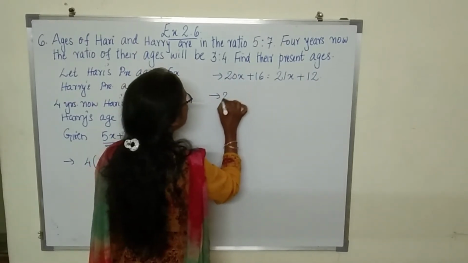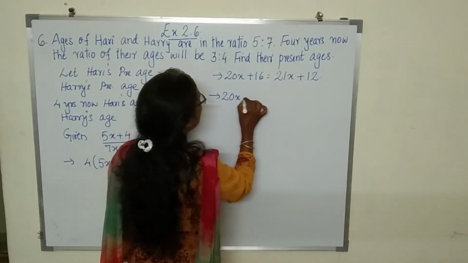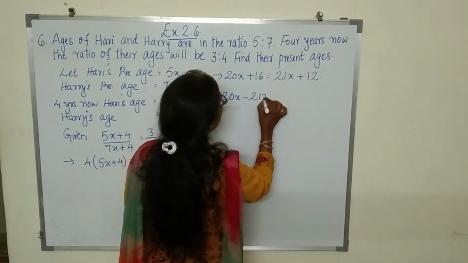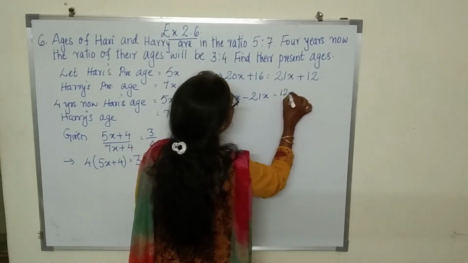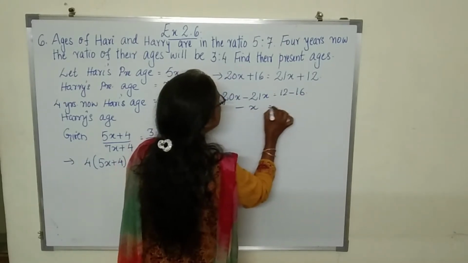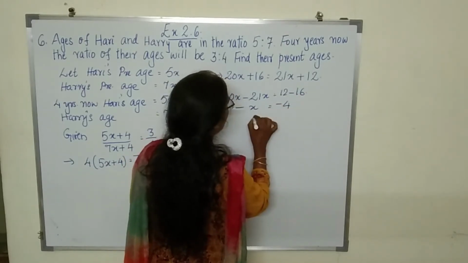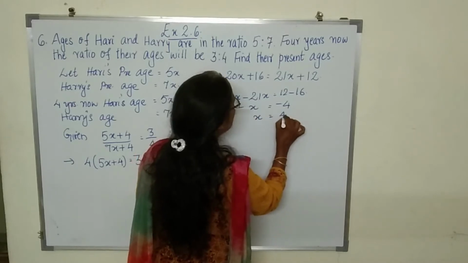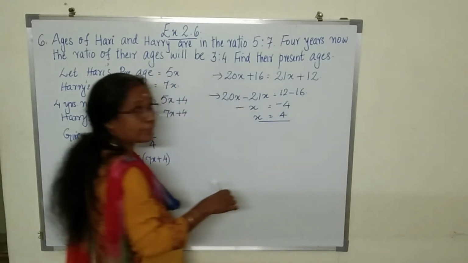Take all the variables on one side: 20x minus 21x is equal to 12 minus 16. That is, minus x is equal to minus 4. x is equal to 4. We got the value of x.